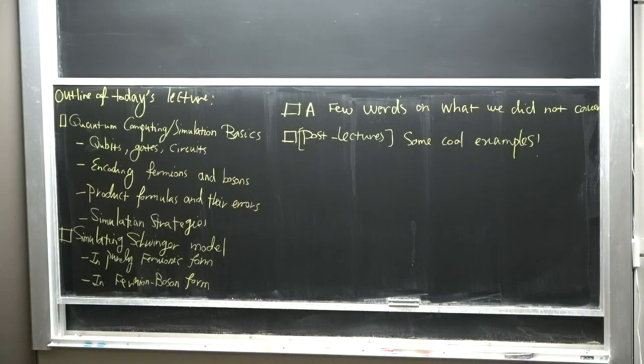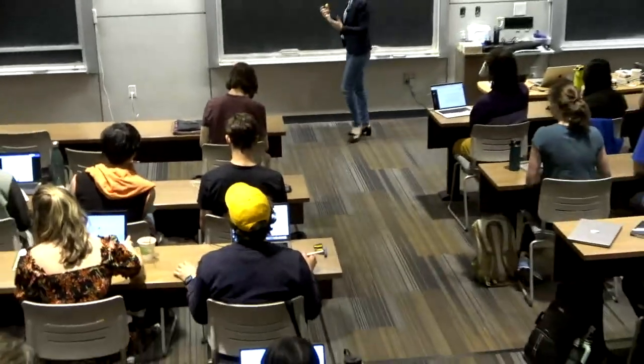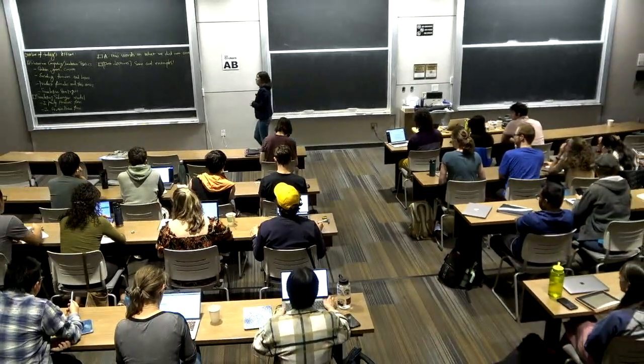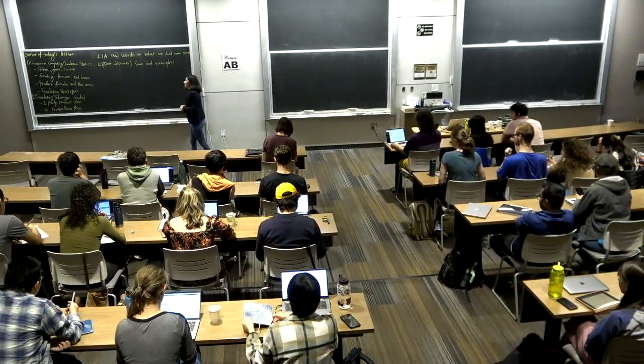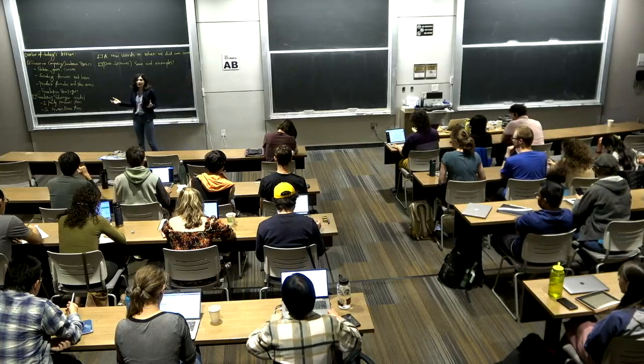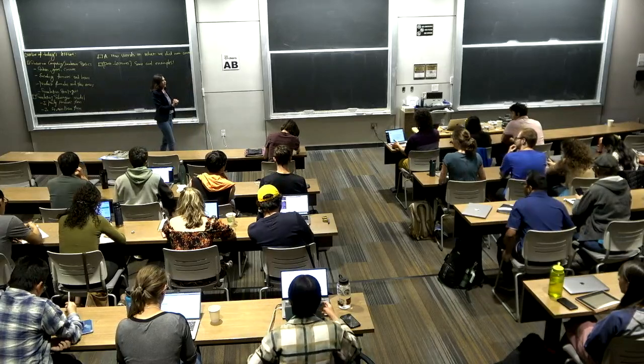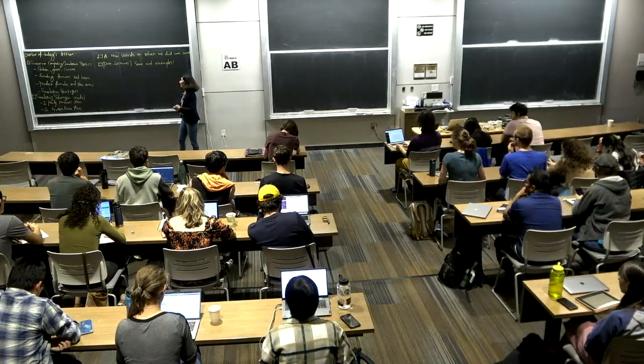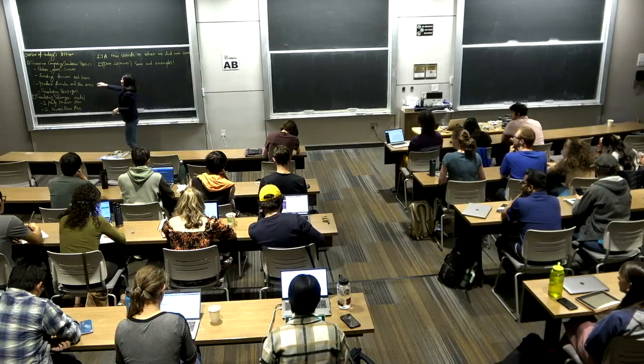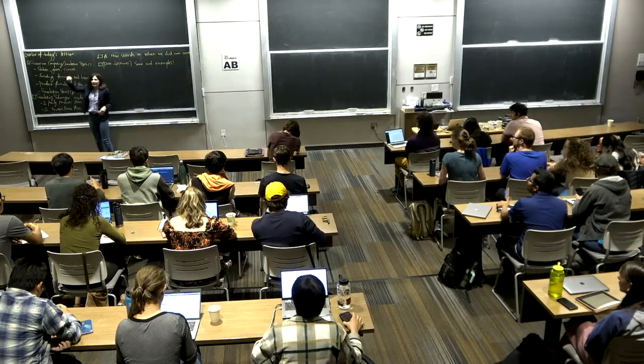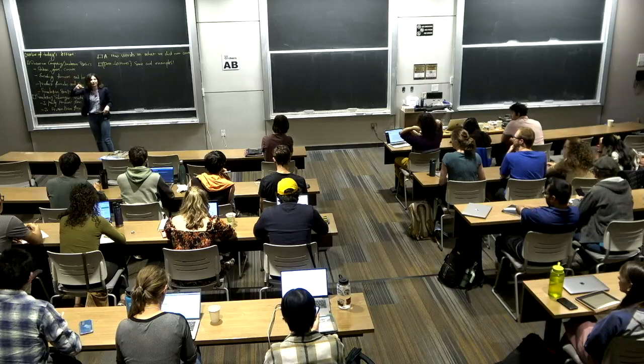So before doing that, I have to give you a few basics of quantum computing and quantum simulation strategies. It is good that I'm giving this talk to a group of quantum field theorists, so you know quantum mechanics already. I don't have to spend a lot of time on some of these basics, but I'll tell you what you need to know.